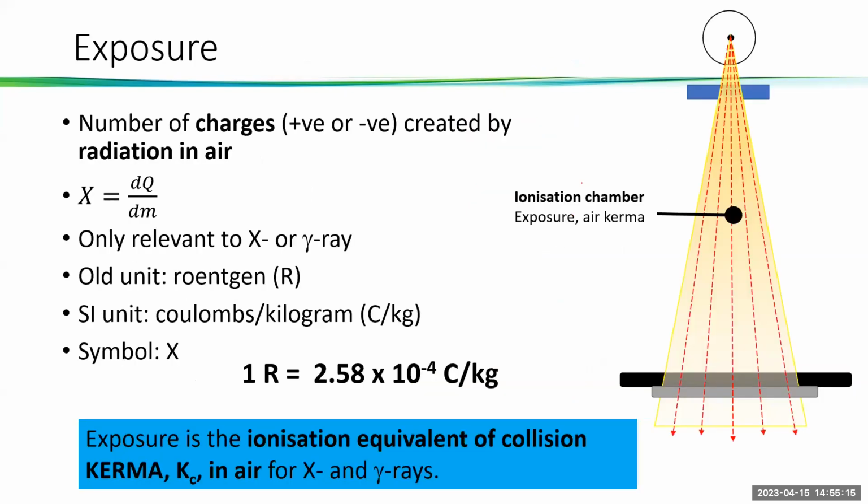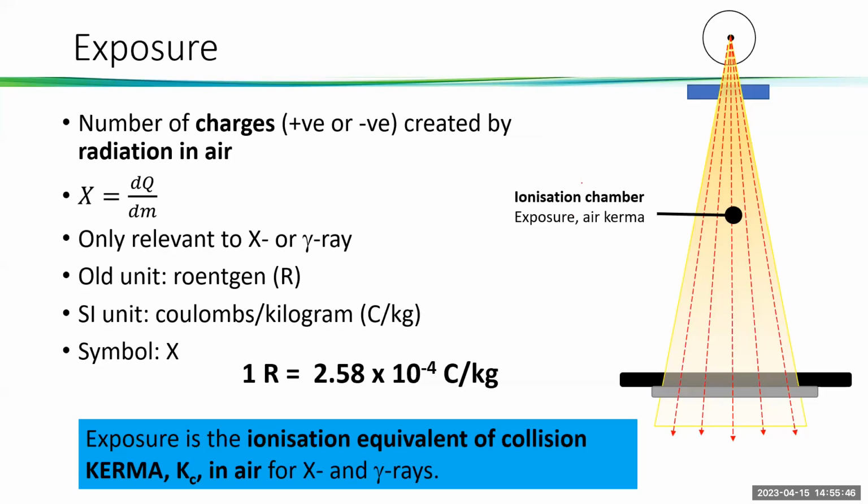Another quantity that is important in X-ray dosimetry is exposure. A lot of the time we talk about exposure in a very layman sense, about radiation exposure, but in our field, exposure has a very specific definition: the amount of charge, whether positive or negative, created by radiation in a mass of air.